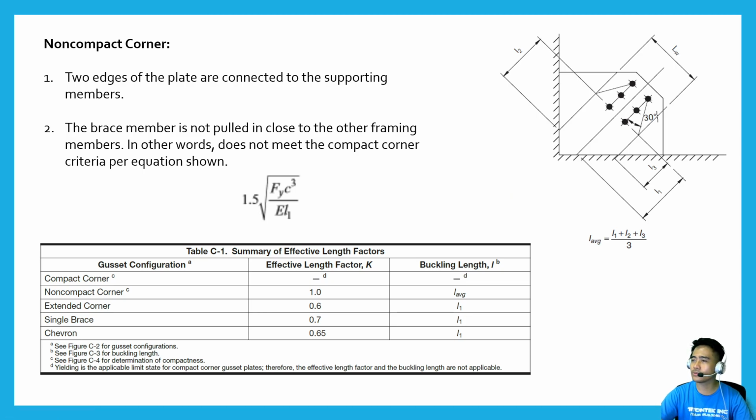Because of that, we don't recommend using non-compact corner when designing our gussets. We only recommend this one when we are investigating existing connections. But when we design from scratch, we don't recommend using non-compact corner just because of the many variables included with this approach.